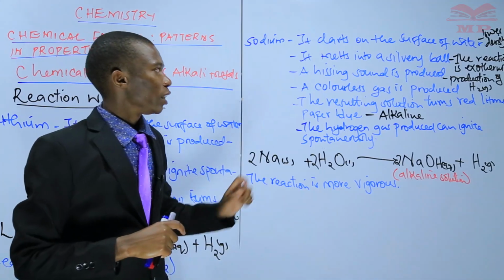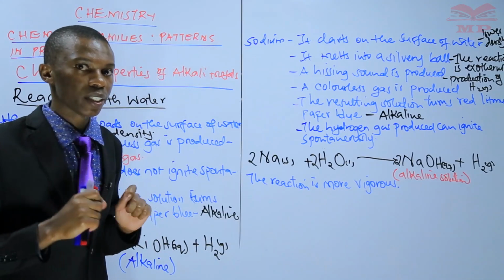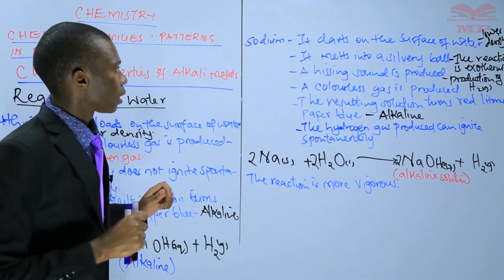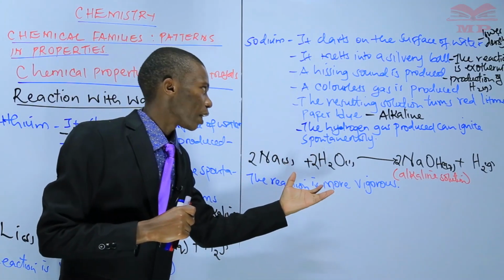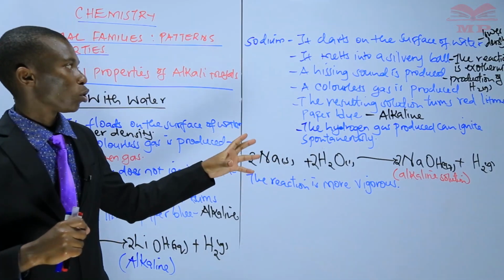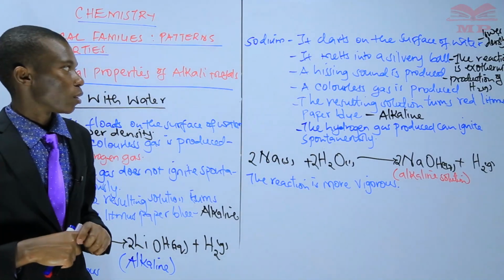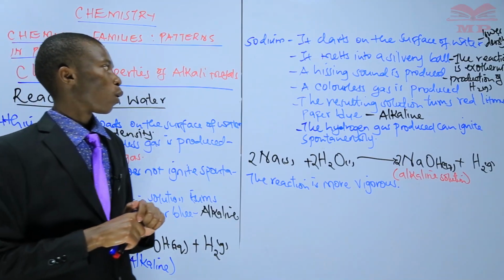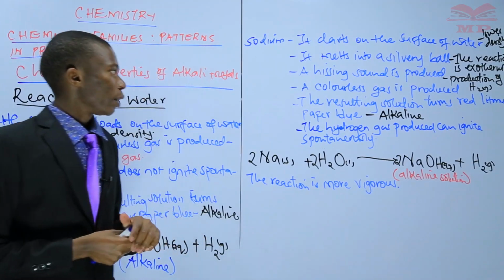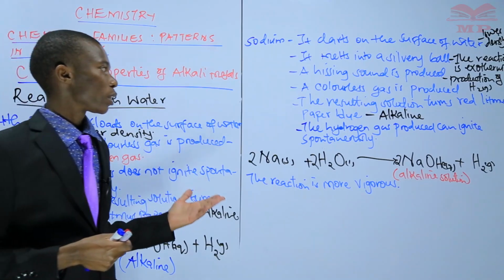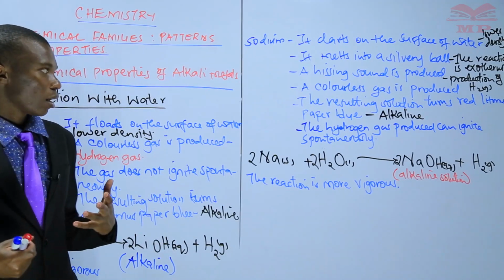A hissing sound is produced, and this hissing sound is due to production of hydrogen gas. The hissing sound or the colorless gas is hydrogen. Then the resulting solution is alkaline because it turns the red litmus paper to blue.